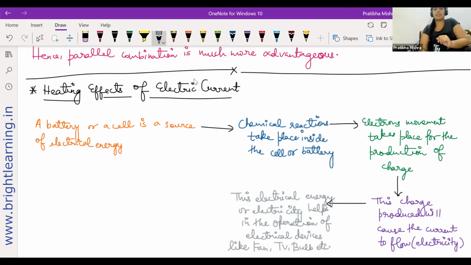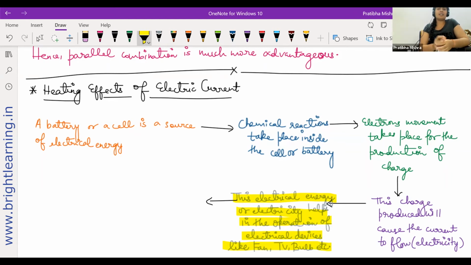Many electrical appliances. Now what happens is, we know that this electrical energy is used for operating what? Different devices, right? This is one of the uses of the heating effect of electrical current. Now what happens if the heat is more and more?